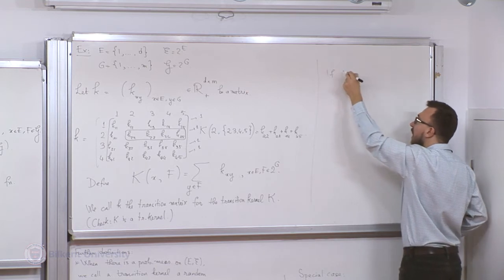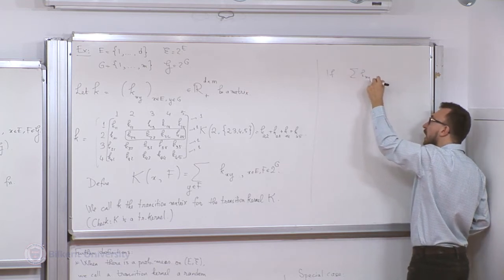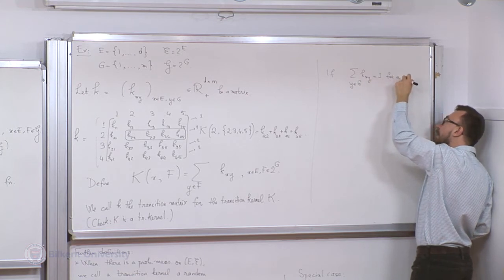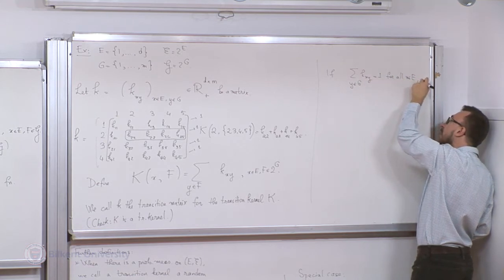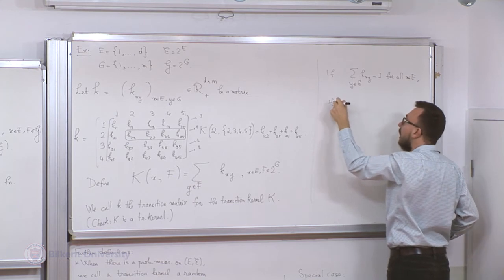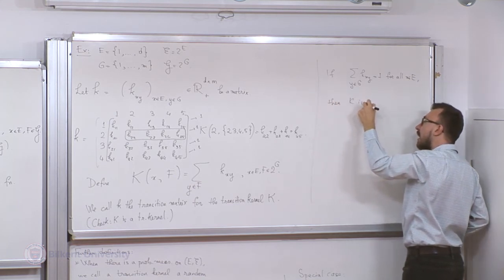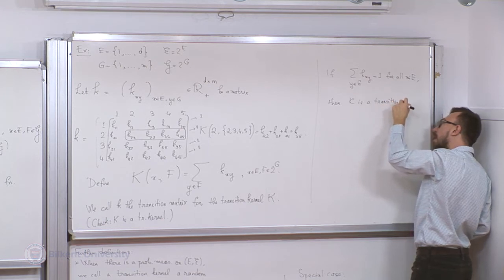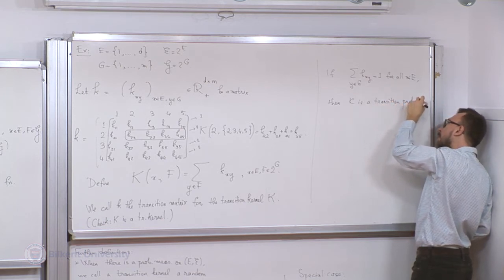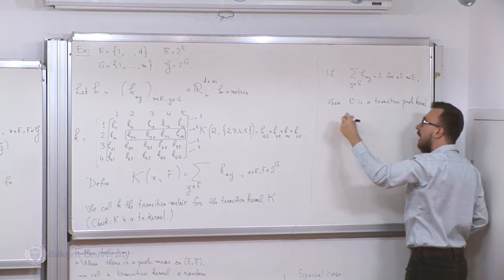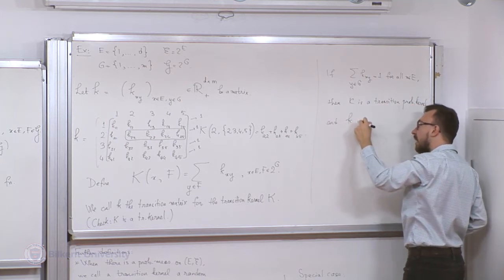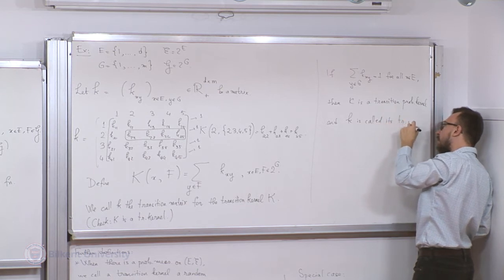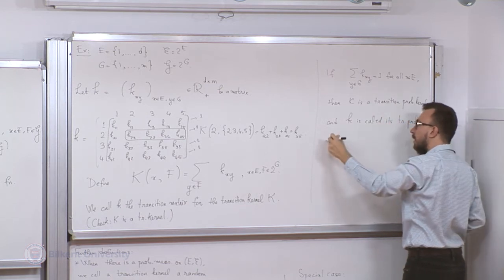If the sum of k_xy over y in G is 1 for all x in the first space, so this is the row sum, right, then K is a transition probability kernel. And the matrix k, little k, is called its transition probability matrix.